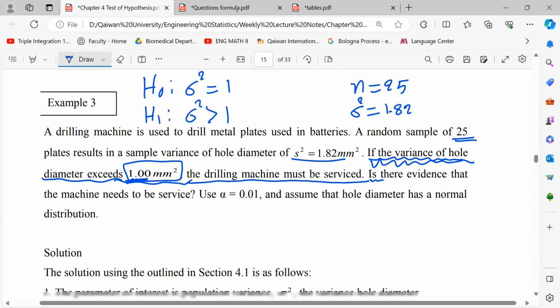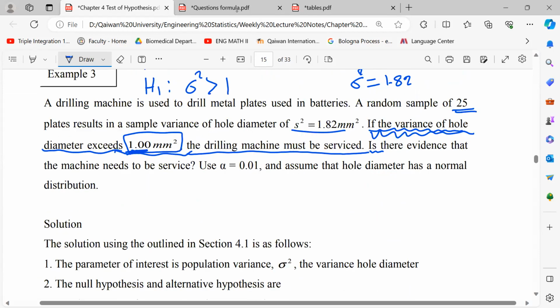In this example, it's given that if the variance of hole diameter exceeds 1, it needs to be serviced. So if the variance is greater than 1, it needs to be serviced.